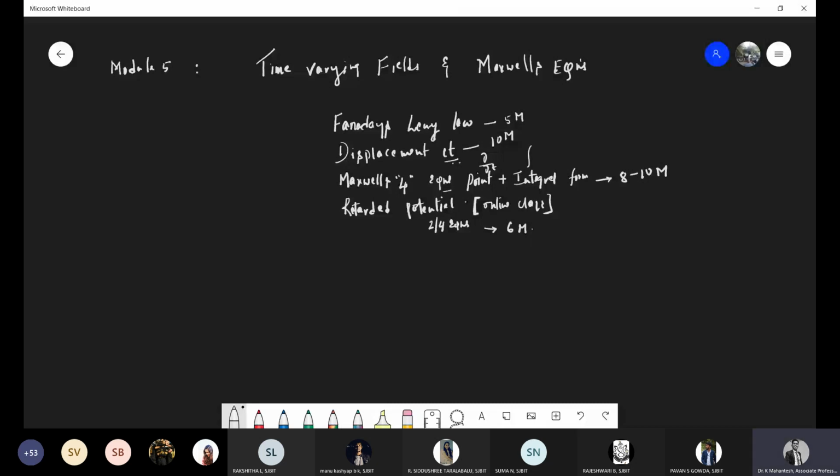So you could try to guess, okay, this might be the combination, or this and this, or this and this and this might be the combination. It can be a combination of any of these questions from time varying fields and Maxwell's equations.